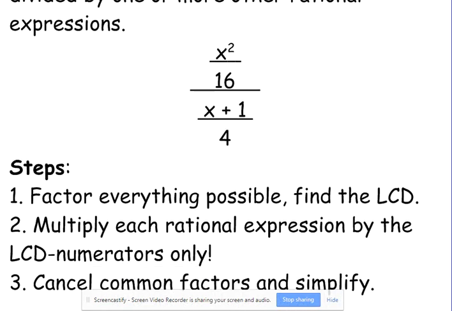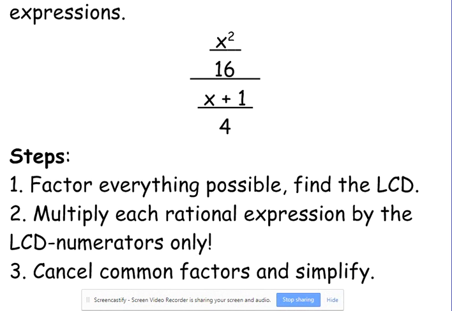We are trying to eliminate the little, I call them little denominators. 16 and 4 would be the little denominators. X plus 1 over 4 is the main denominator. Okay? And then we want to cancel common factors and then simplify as much as we possibly can.